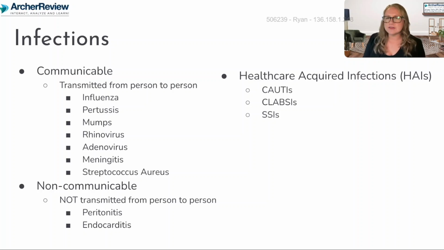So most of the infections we think about are communicable. They can be communicated or transmitted, spread about from person to person. This is your flu, your respiratory viruses, your skin infections like strep and staph, mumps and measles, all of those that we talk about that can be transmitted.